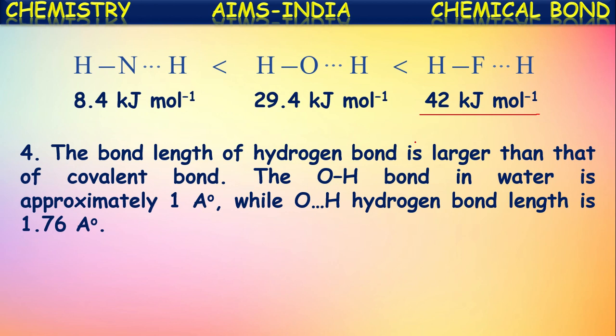In a water molecule there is a covalent bond between hydrogen and oxygen, while between two water molecules there occurs hydrogen bonding. So the hydrogen bond length is greater than that of a covalent bond.